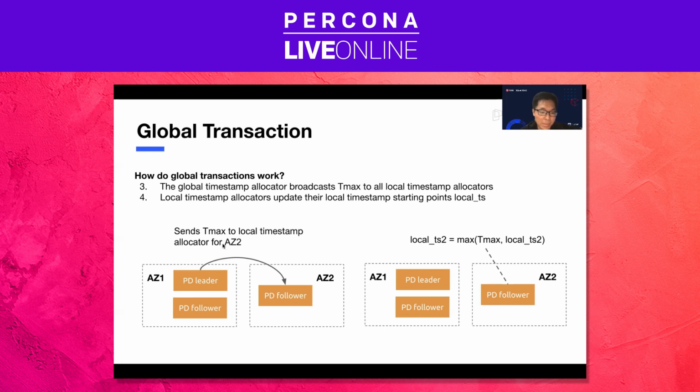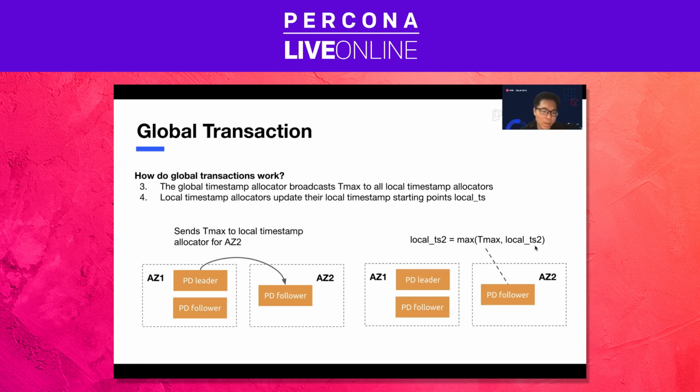The next step is the global timestamp allocator broadcasts the Tmax to all local timestamp allocators. And once a local timestamp allocator has received this Tmax, it updates its local timestamp starting point. The new starting point local TS is calculated from the maximum of Tmax and the current local TS.